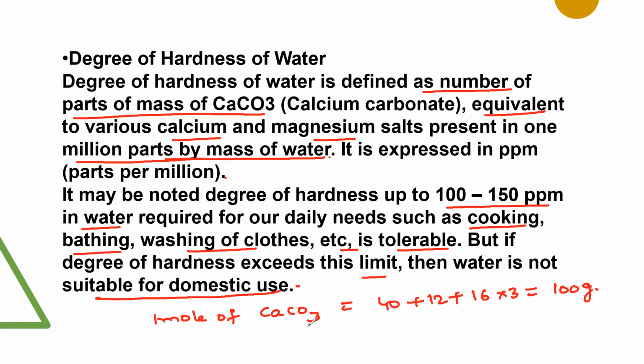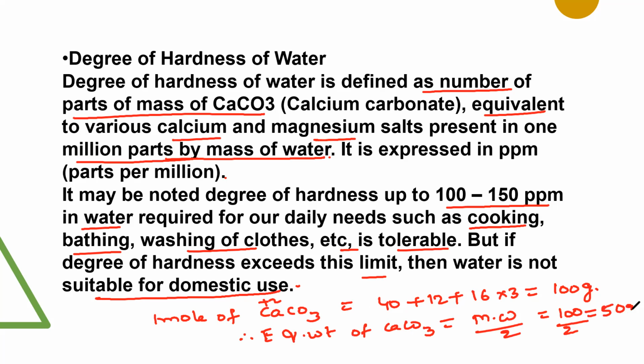Because they have told equivalent, the equivalent weight of calcium carbonate is equal to molecular weight by charge, that is molecular weight by 2, because the charge of calcium is plus 2. So it is 100 by 2, which is 50 grams.